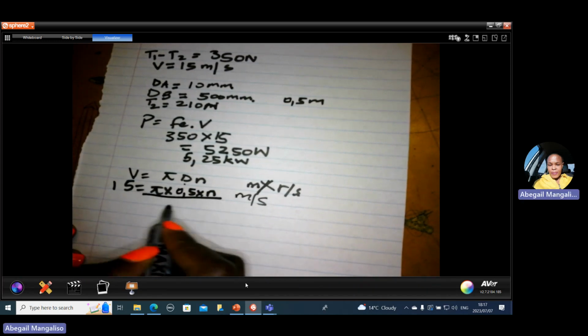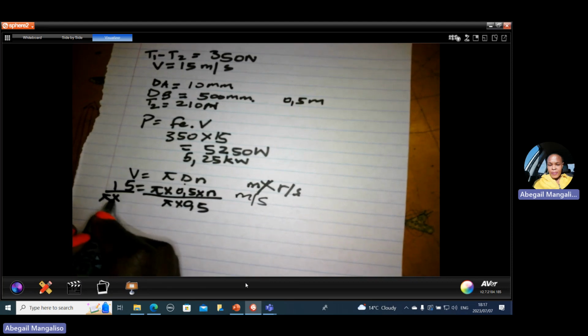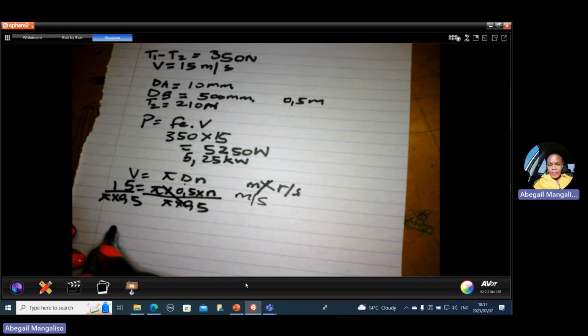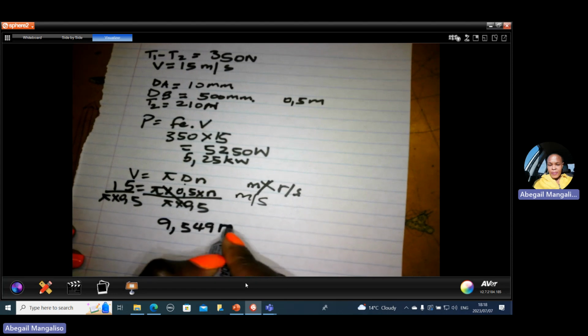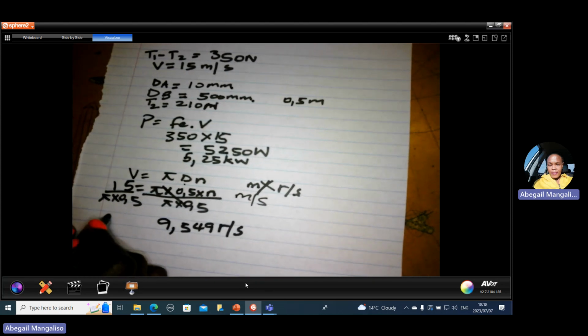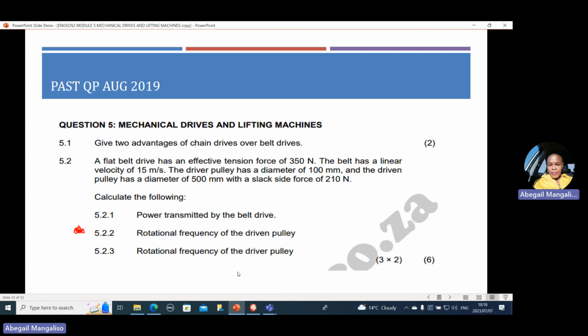So we divide both sides by pi times 0.5, and pi times 0.5 cancels out. So this will be 15 divided by pi multiplied by 0.5. The answer is 9,549 revolutions per second. This is small letter n. If a question says calculate rotational frequency in revolutions per minute, you multiply by 60. That is the relationship.